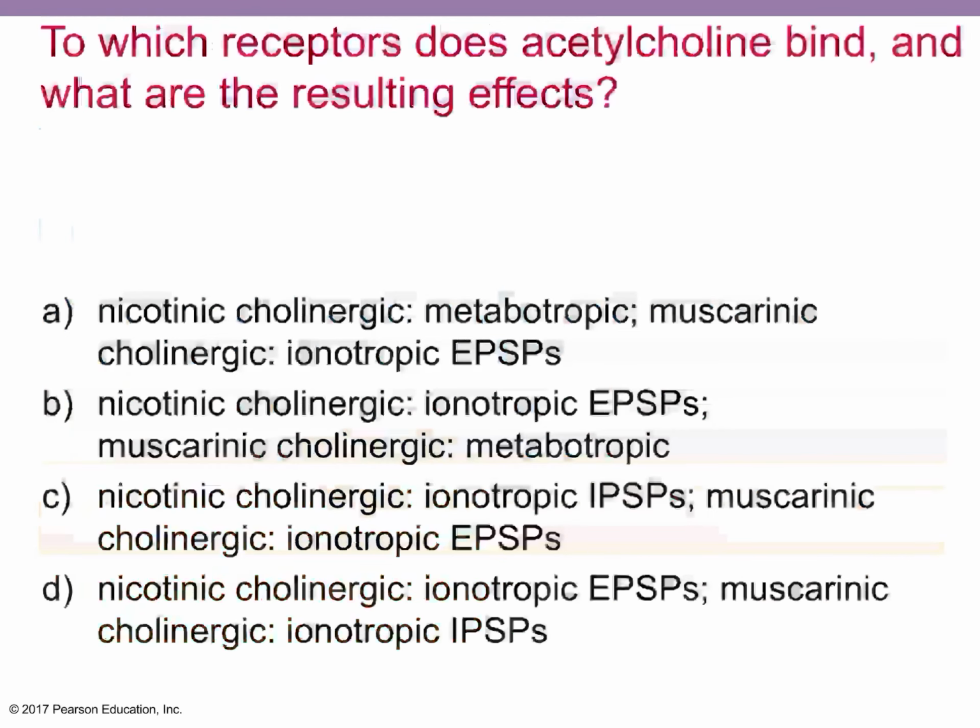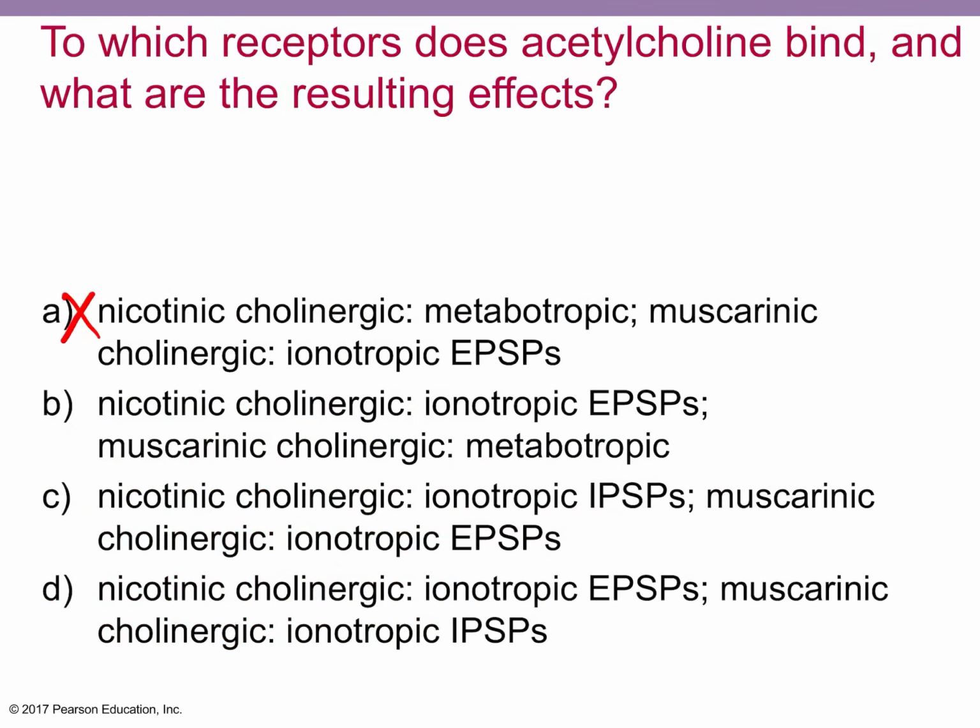All right. So to which receptors does acetylcholine bind, and what are the resulting effects? All right, so we're going to look through this. Nicotinic cholinergic metabotropic, muscarinic cholinergic ionotropic.